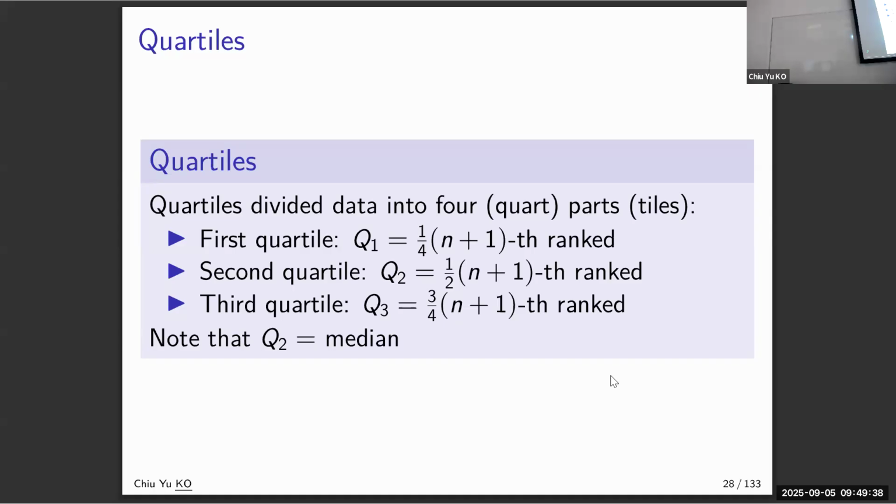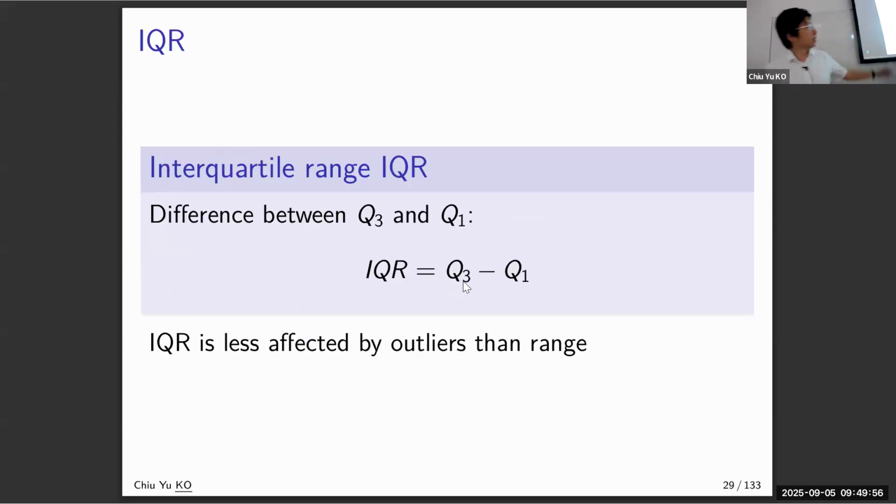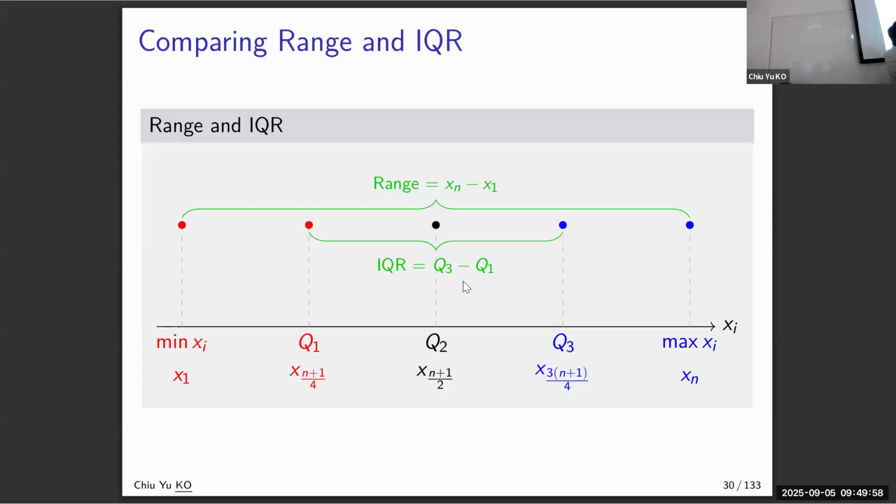Why do that? Because the range is looking at this end to the other end, right? And the interquartile range is looking at Q1 to Q3, the middle part. That is the IQR. Looking at the graph to show you, you look at the data, minimum, maximum. This distance is called range. And if you cut in the middle, that is Q2.